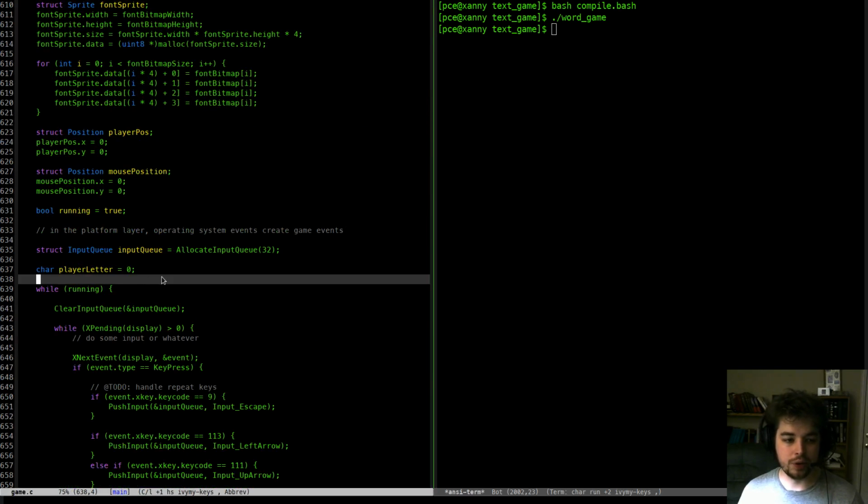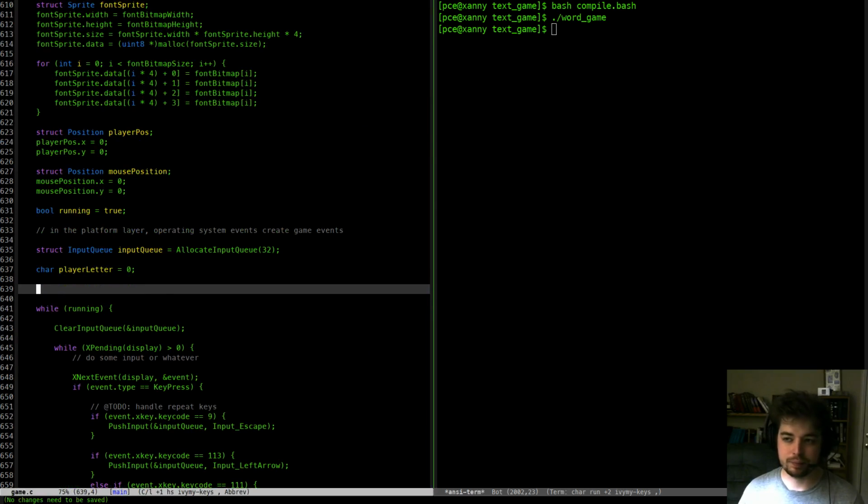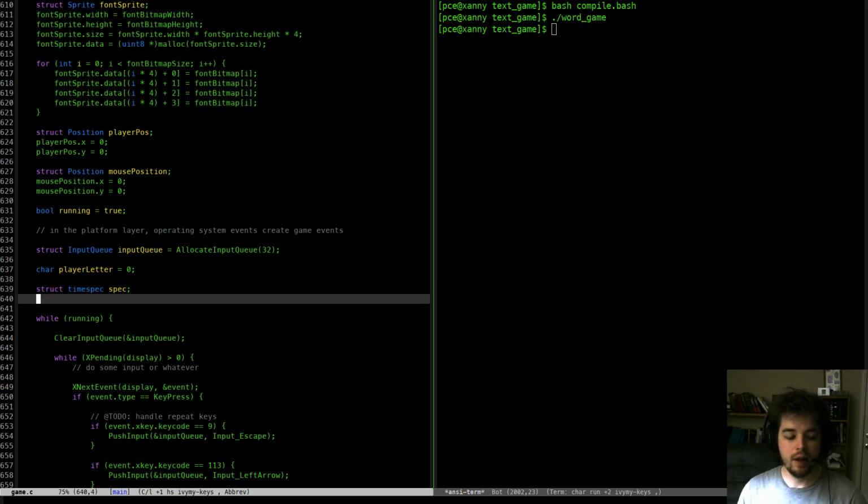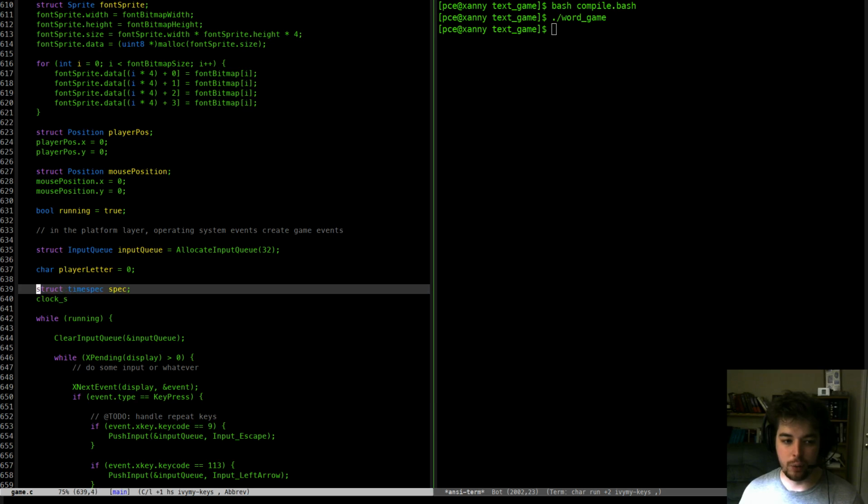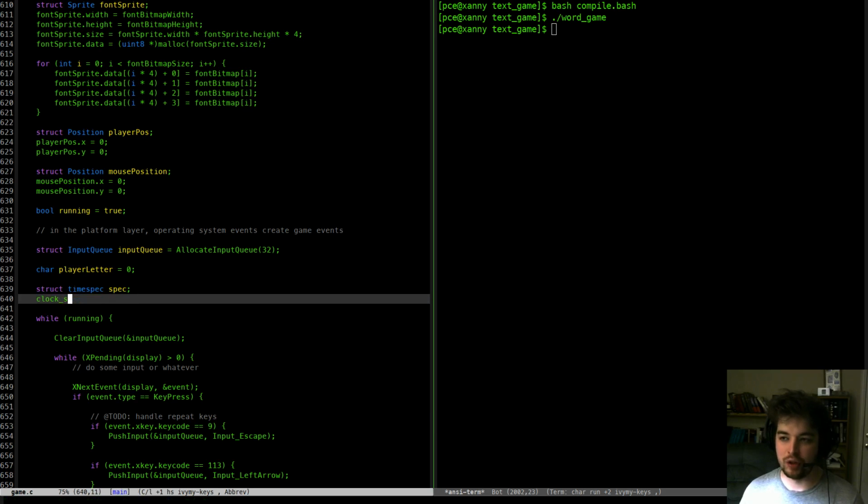So there is a thing called a timespec, and this stores the number of seconds and the number of nanoseconds, and it stores them as integers, right? So we are going to want to populate that, because we have a struct right here, but we haven't filled it with anything.